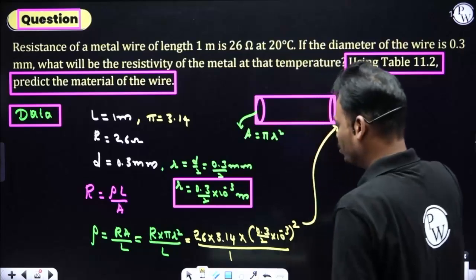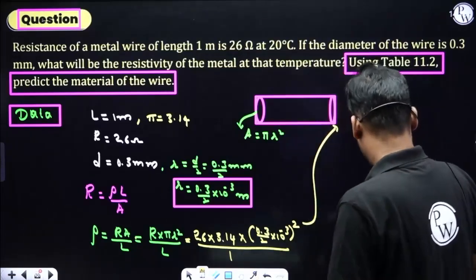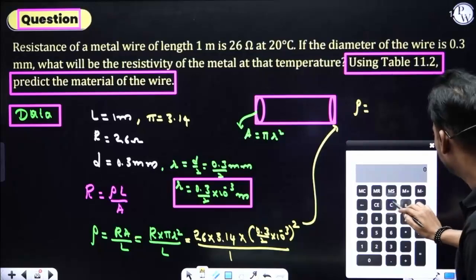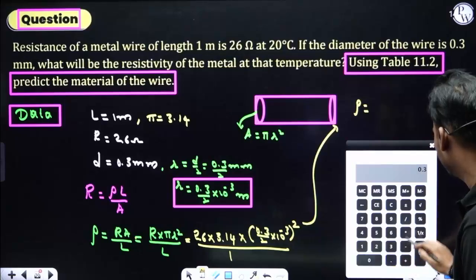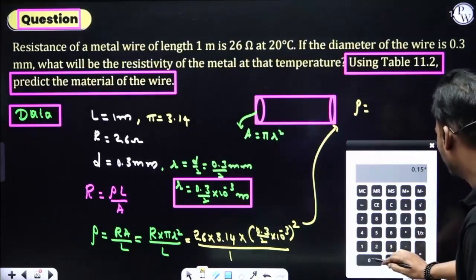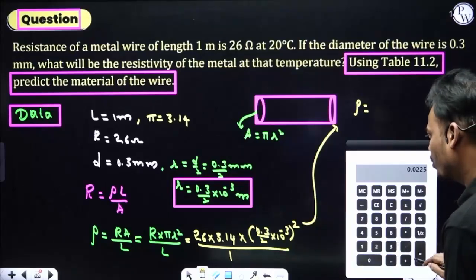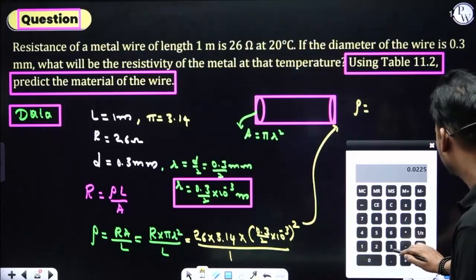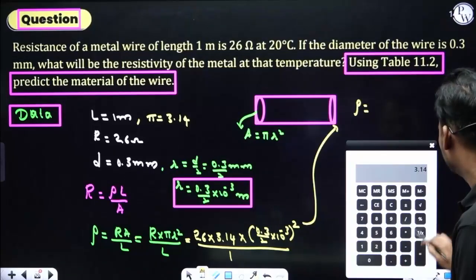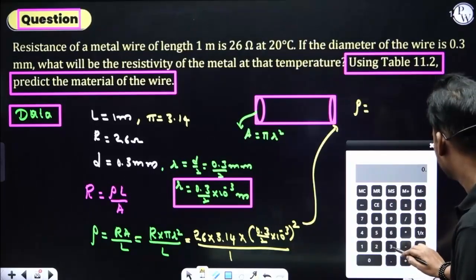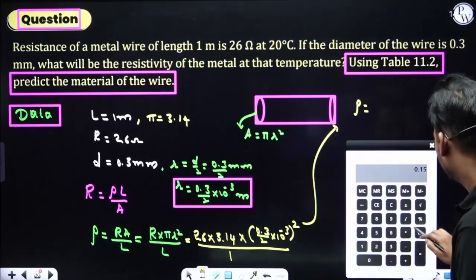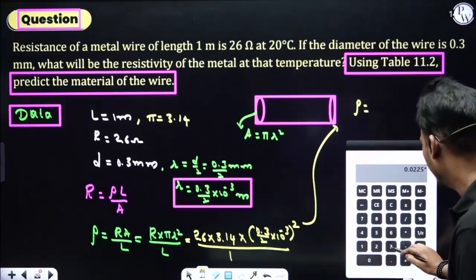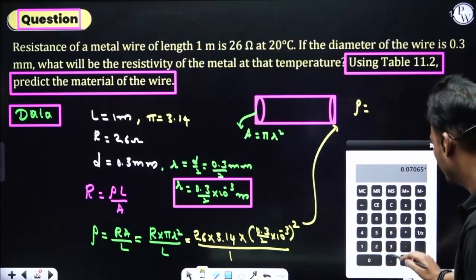So resistivity equals, let's calculate: 0.3 divided by 2 is 0.15, into 3.14, into 26.